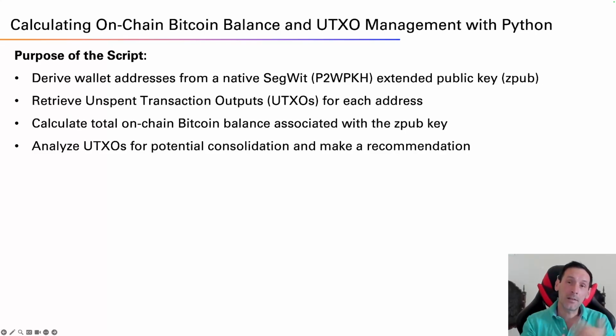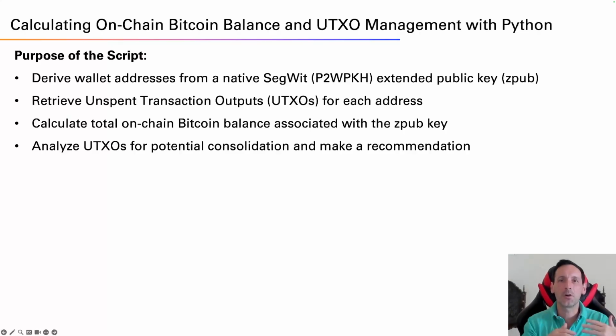But then I enhanced that script afterwards. After I wrote that X post, a few days ago I enhanced that script to then provide recommendations. Now that I had access to the UTXOs, I could easily just do a few checks on each of the UTXOs to tell me whether I should optimize or manage them.